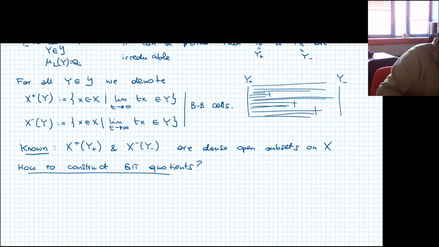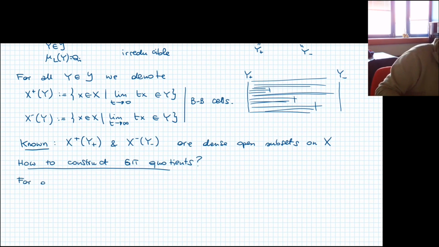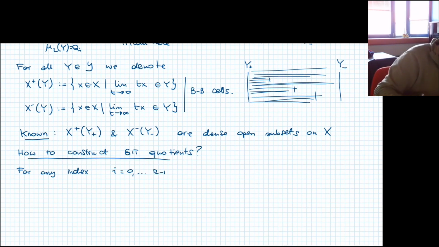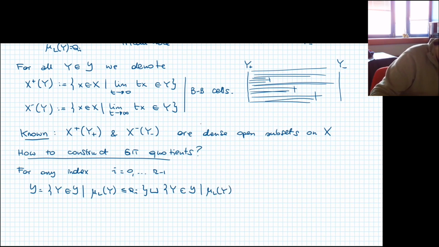So for any index that goes from 0 to r minus 1, we write Y, all the elements y in Y such that the weights are less or equal than a_i, disjoint union the y's, the weights greater or equal than a_{i+1}.